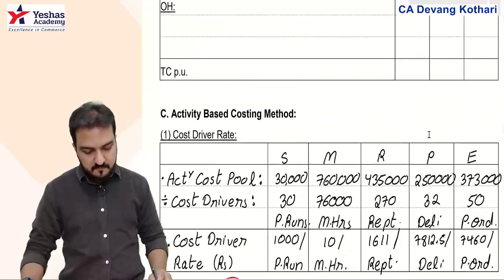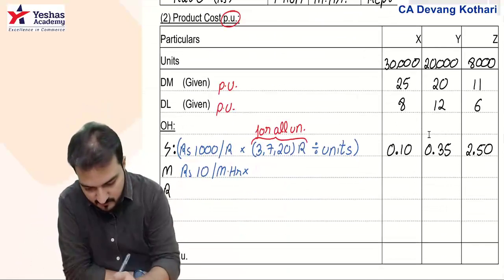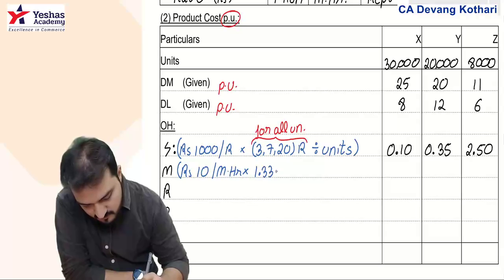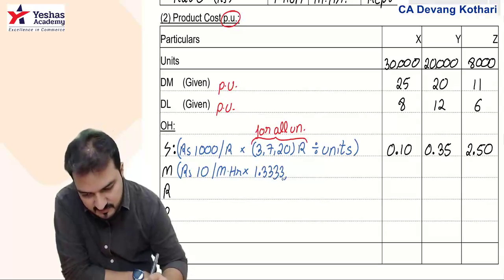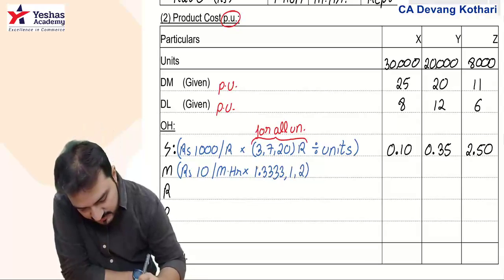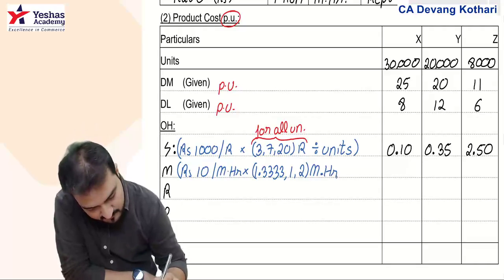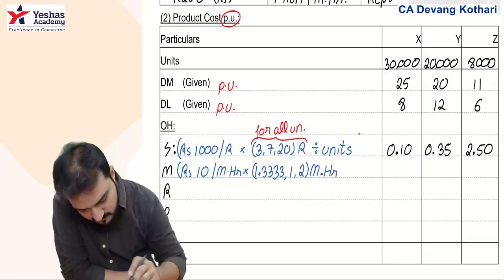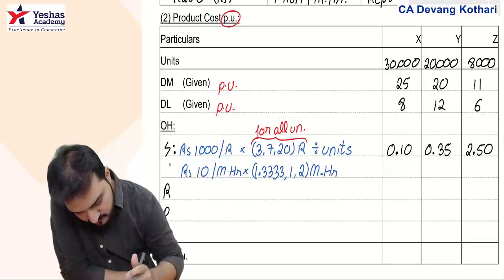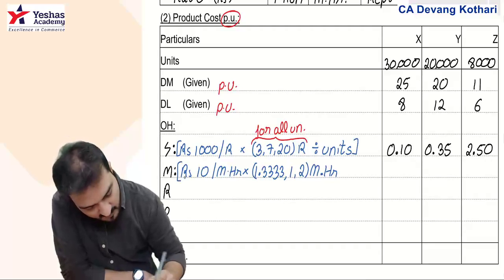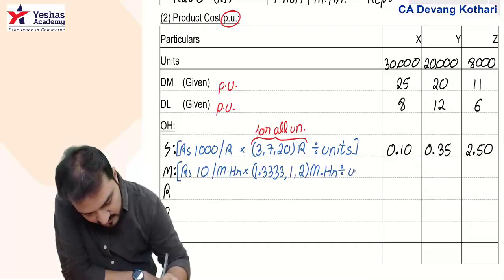You are told rupees 10 per machine hour into 1.3333 machine hours, 1 machine hour, and 2 machine hours. And again over here, tell me, will I say divide units just like last time?